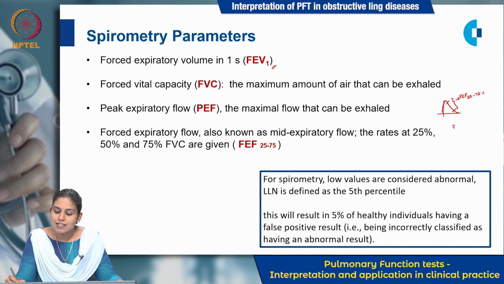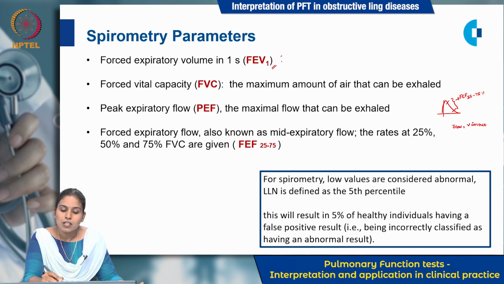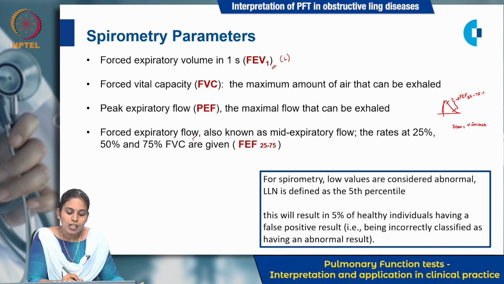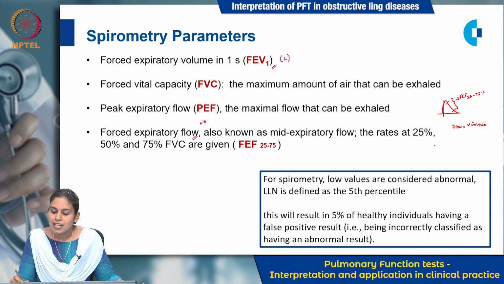The flow is nothing but your volume expressed per unit time. If we are measuring volumes, the unit will be liters. If we talk about the flow, then the unit will be liters per second. I also want you to be sensitized to the formula: airflow is directly proportional to the change in pressure divided by your airway resistance.